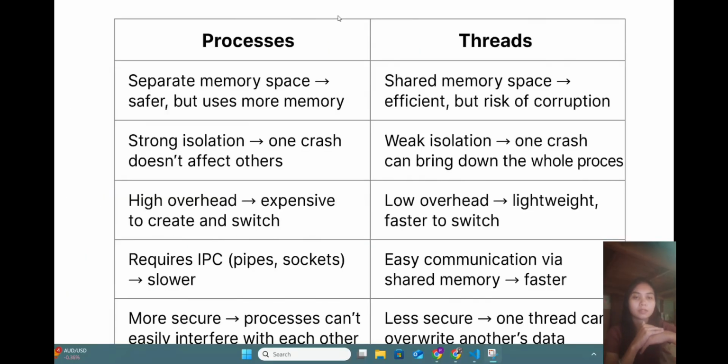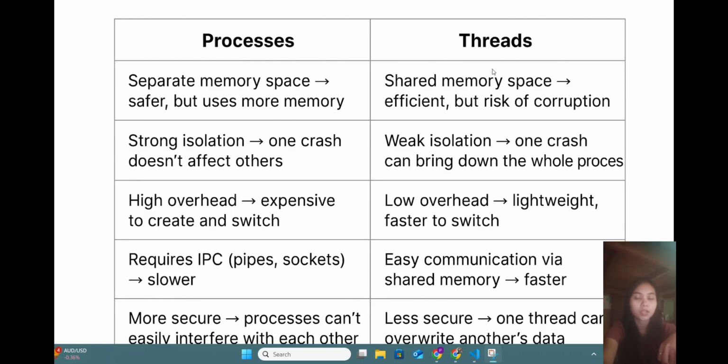Now let's talk about the comparison table of the process and thread. So, processes are like separate programs that run independently, while the threads are smaller workers inside the process. So, yun yung analogy. For the memory, we all know that processes don't share memory, making them safer, but they are heavier.